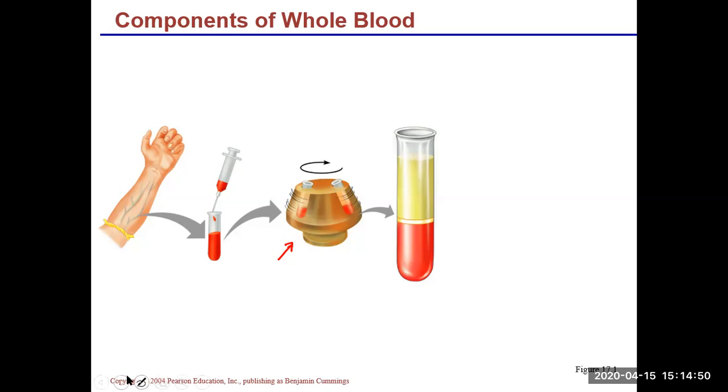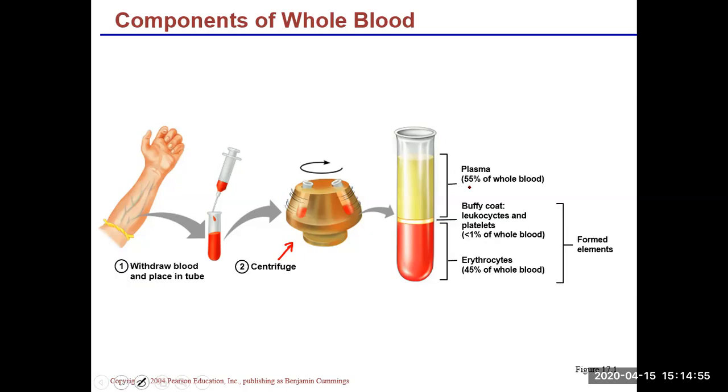The lighter stuff staying on top is the plasma, so here's the 55%. The leukocytes and the platelets, known as the buffy coat, happen to be right in between, and the erythrocytes, a formed element, are towards the bottom.